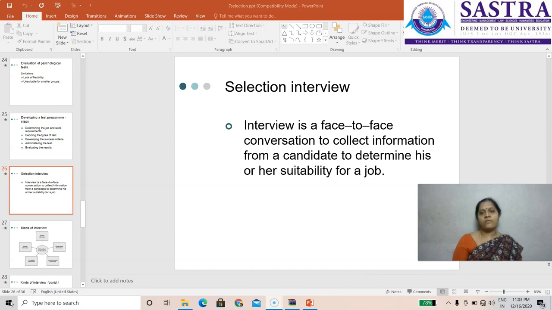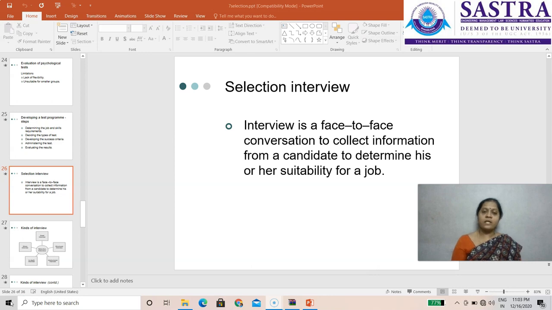It also provides an opportunity for the employer to have a face-to-face interaction to collect information from the candidate to determine his or her suitability for the job. The organization may require one or more interviews for an applicant depending upon the nature and the number of job vacancies.